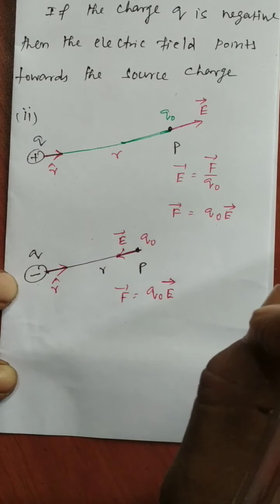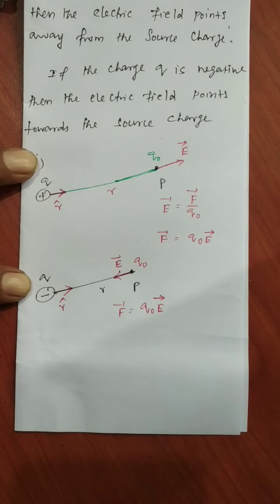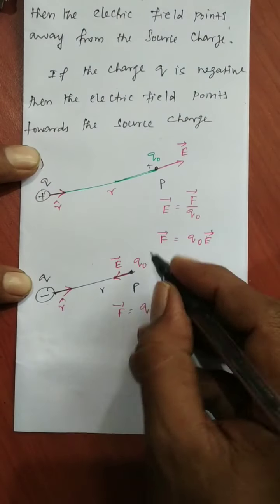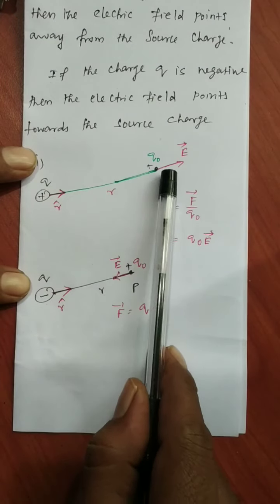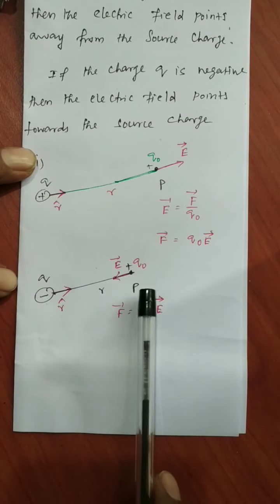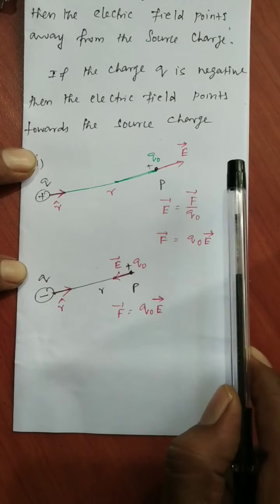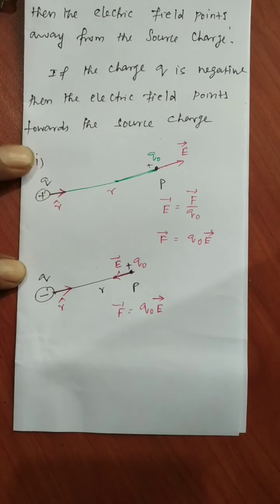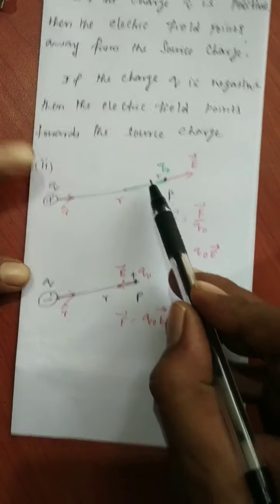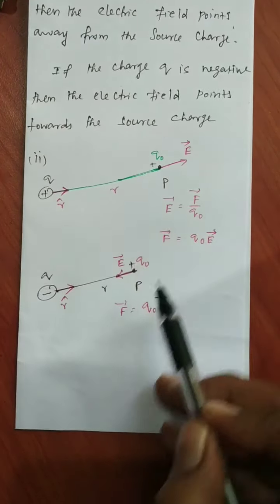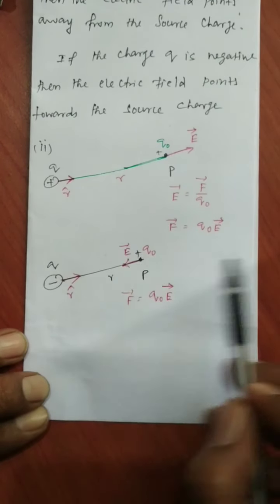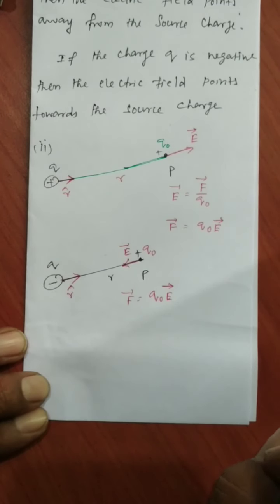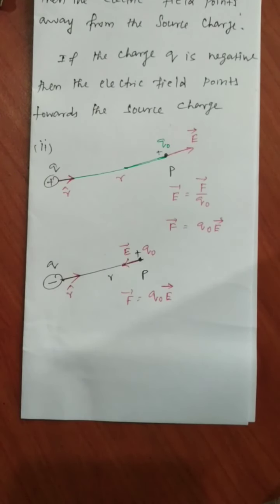So this is what we should understand here: we are keeping the positive test charge Q naught, so it will act towards the charge minus Q. This is the second aspect of the electric field.